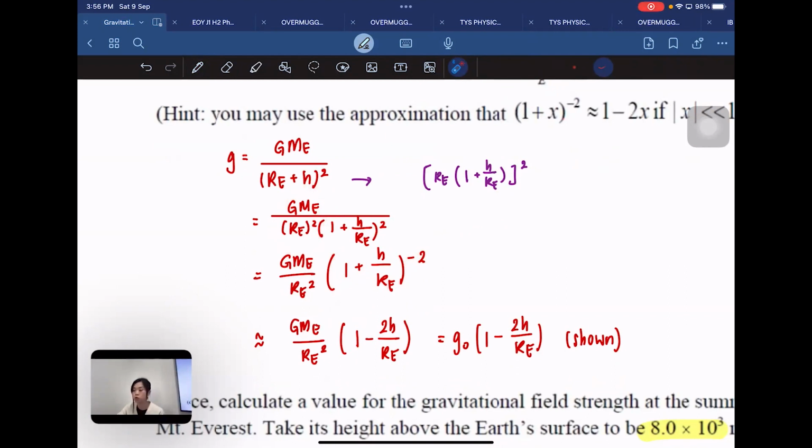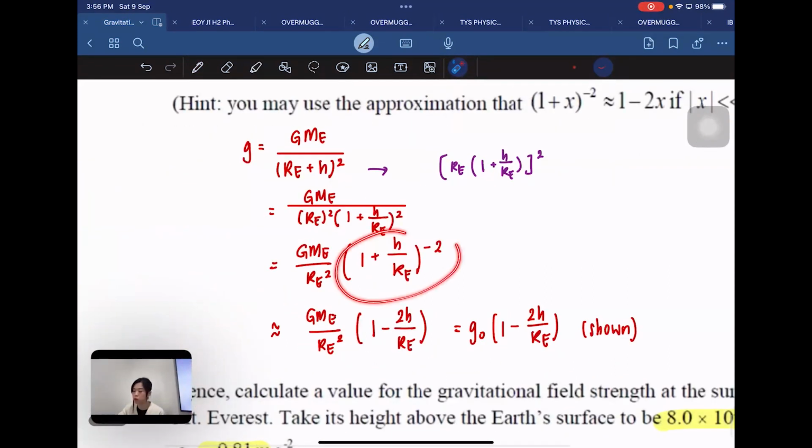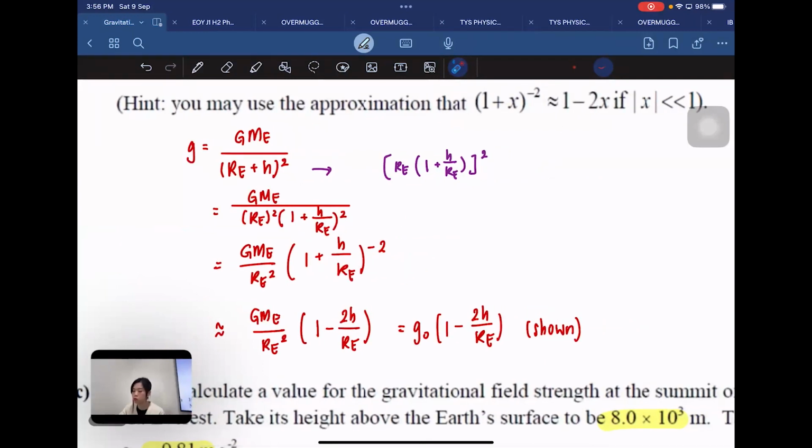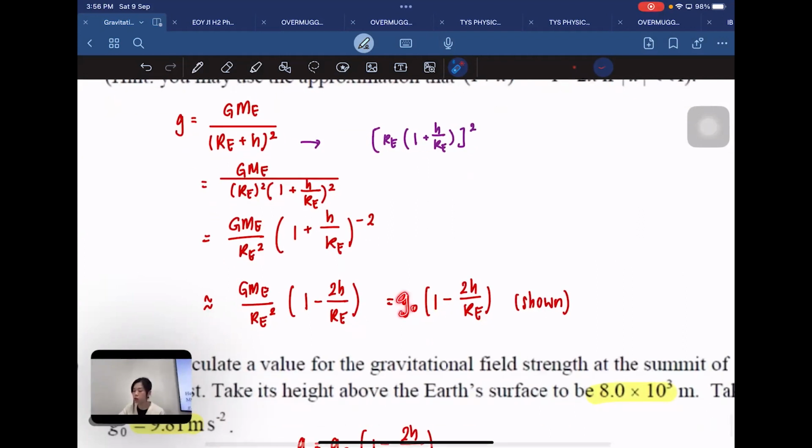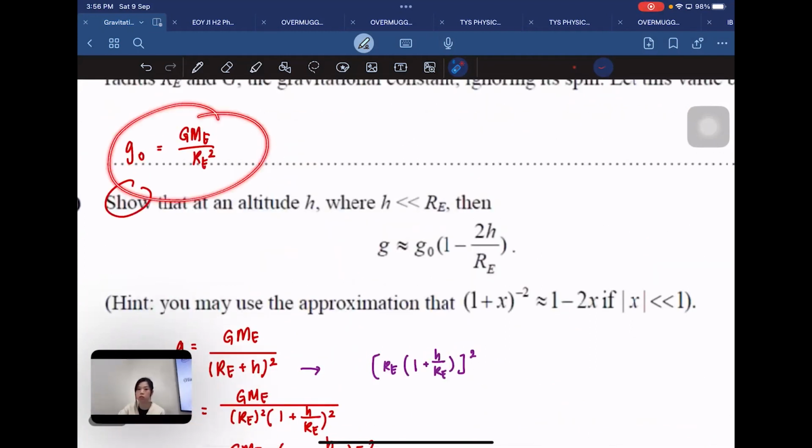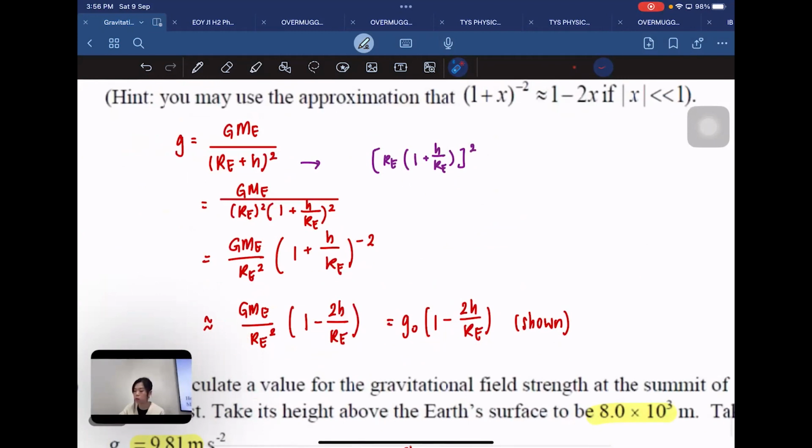So all I got to do is just swap this to be equivalent to 1 minus 2h over RE. Okay, then from here, g naught is equivalent to this, because that's what I obtained from the earlier question. And 1 minus 2h over RE.